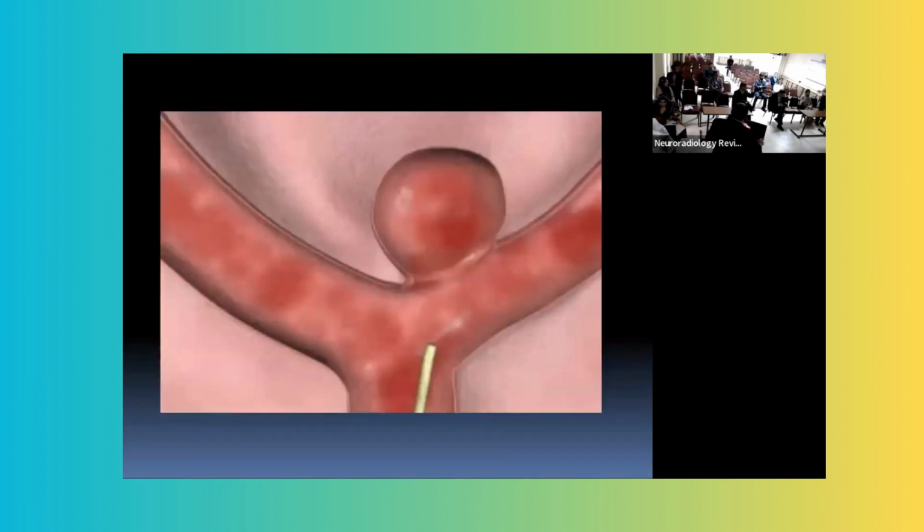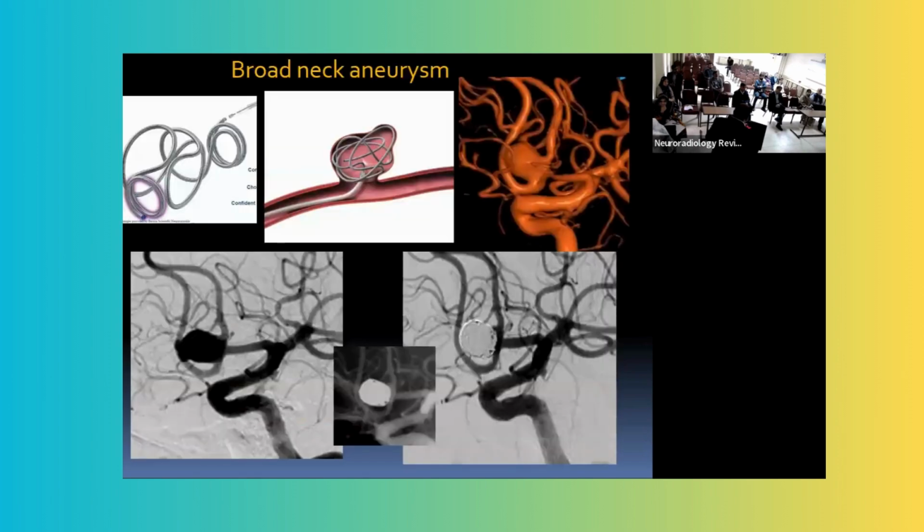A wide neck aneurysm is one whose neck is more than 4 millimeters. We cannot do simple coiling in such aneurysms because the coil will prolapse into the main vessel. So we have to use additional techniques for the deployment of coils, and these devices have now become available.